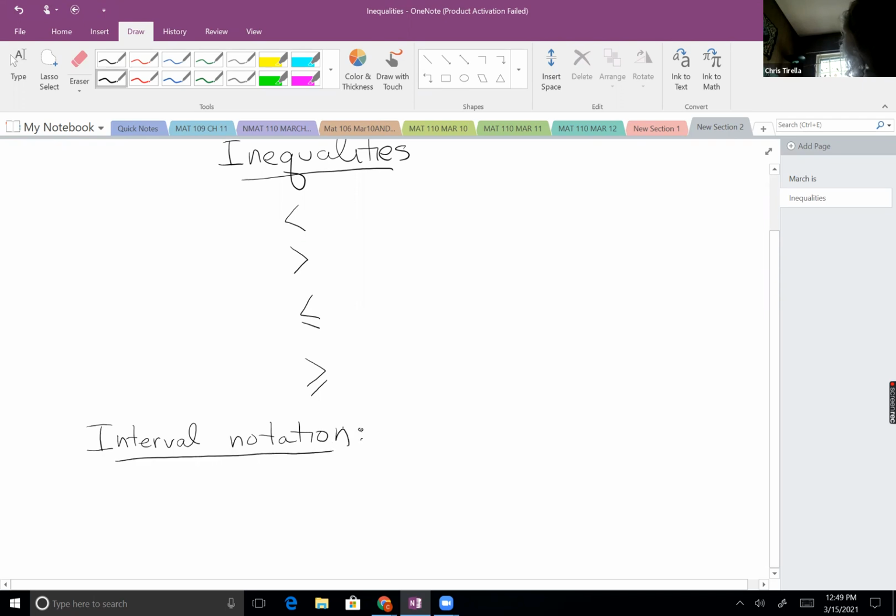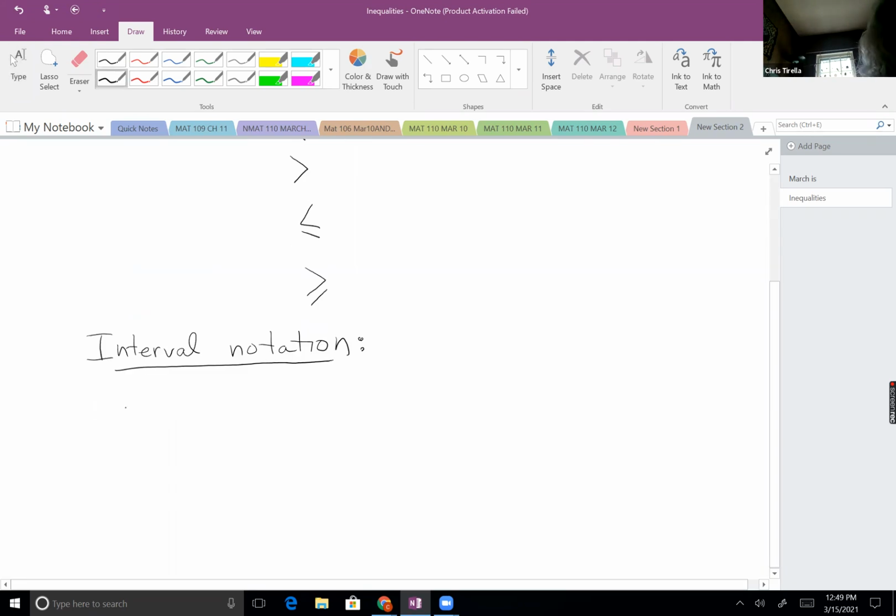And so if I look at that interval notation, let's say, for example, I have something like square bracket -5, comma 3, rounded bracket.